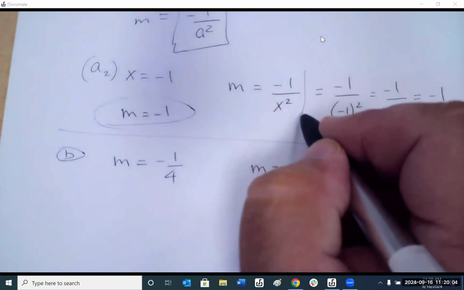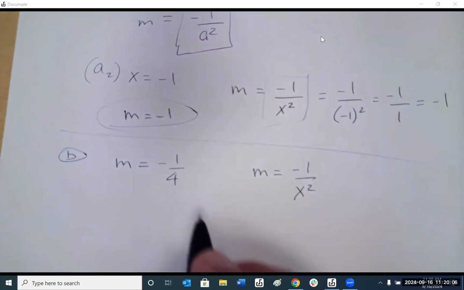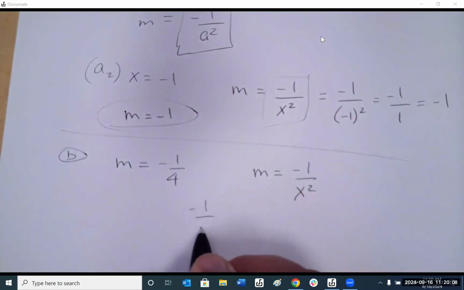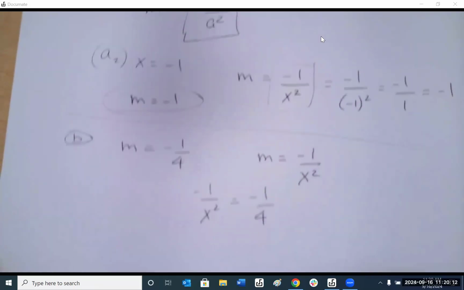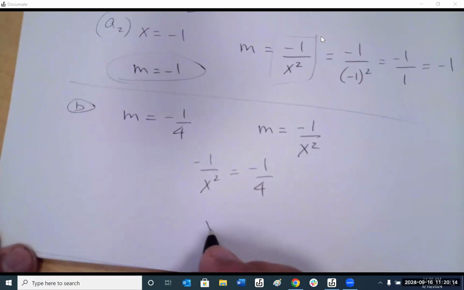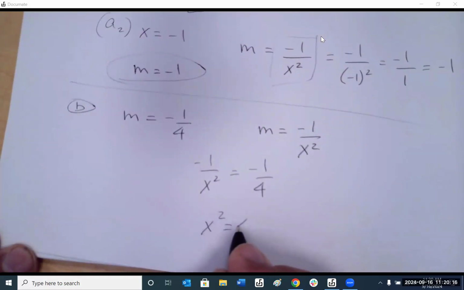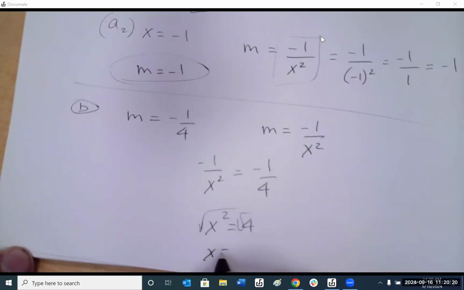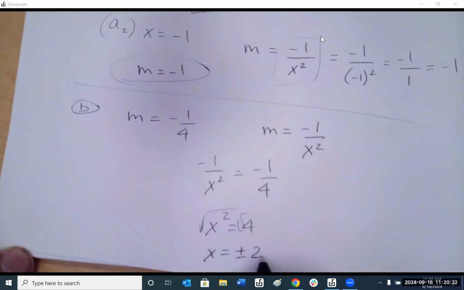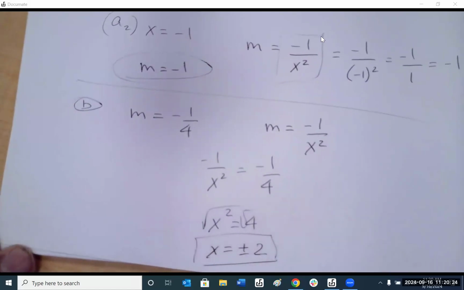That's what we calculated over here. So we set negative 1 over x squared equal to negative 1/4. So when does x squared equal 4? x equals positive or negative 2.